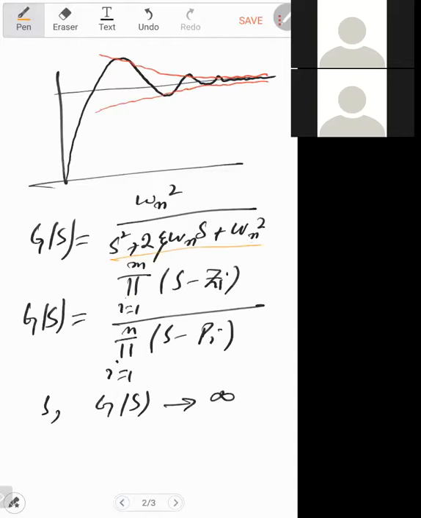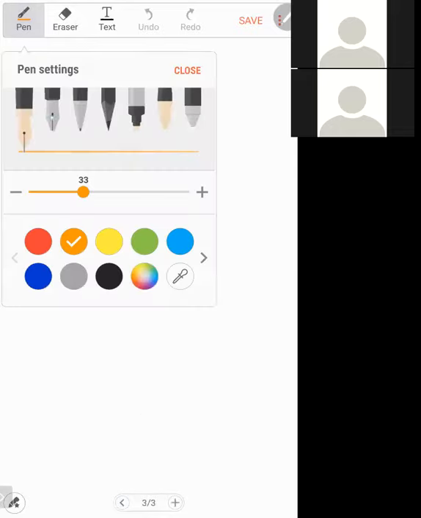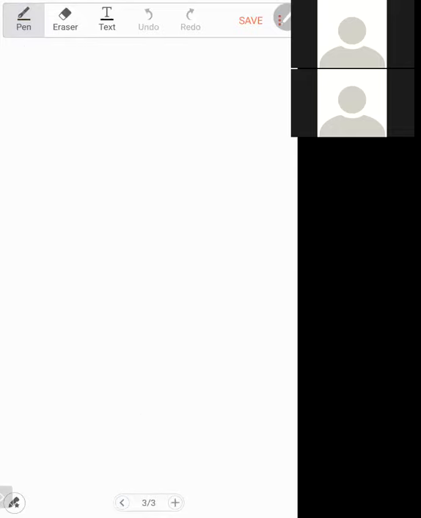In this expression, let's say that zeta is equal to 0. Let me write the denominator polynomial, which is s square plus 2 zeta omega n s plus omega n square.